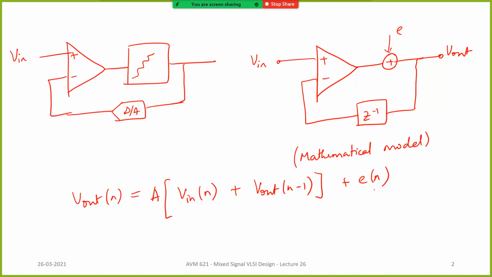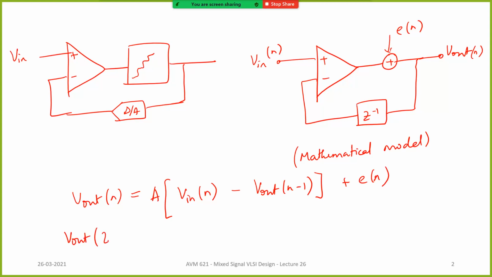What we are saying is that the output at any nth sample is A times V in of n minus V out of n minus 1, the previous, delayed sample, plus E of n. Obviously, this whole thing works only when you have an oversampled system, because otherwise, if you start comparing with previous samples, you might get a large error.